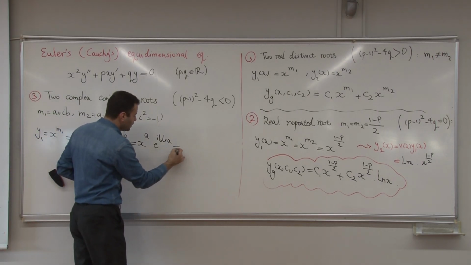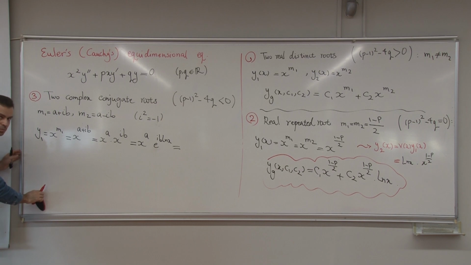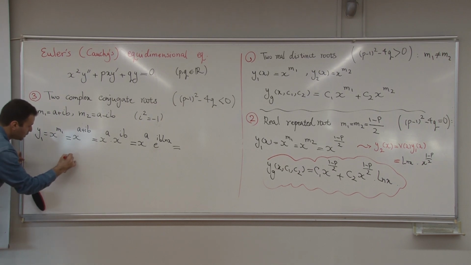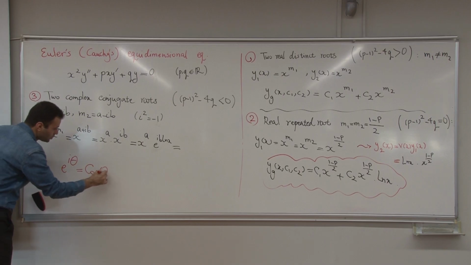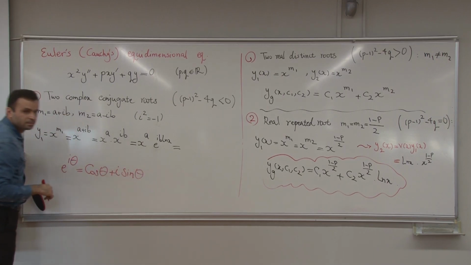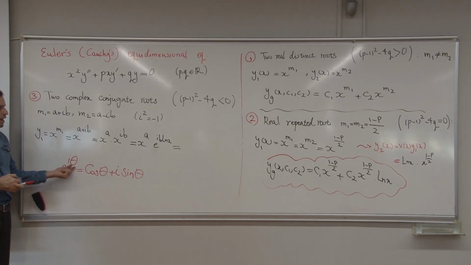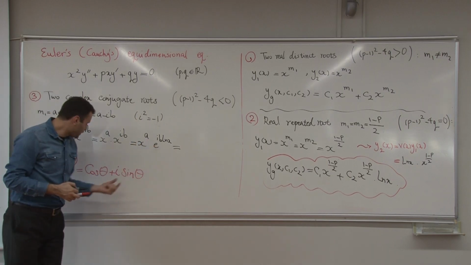And what can I write here? Do you remember Euler's formula that we have used also? e to the power of i theta was equal to cosine of theta plus i times sine of theta. Right? Instead of theta, what I'm going to write? b ln of x.